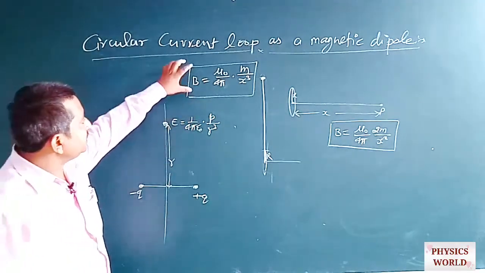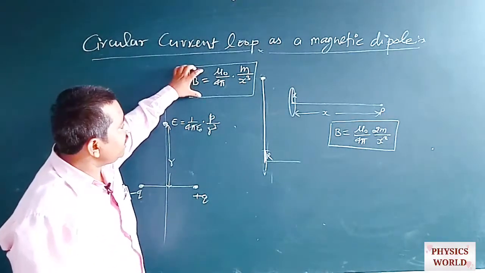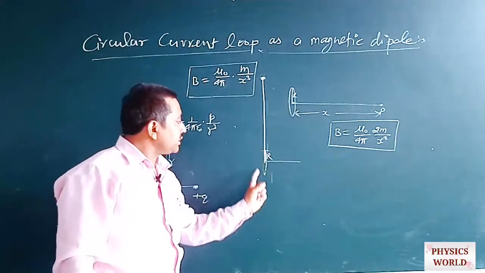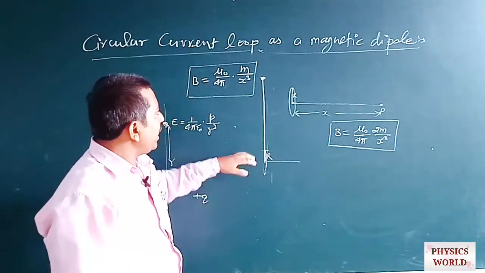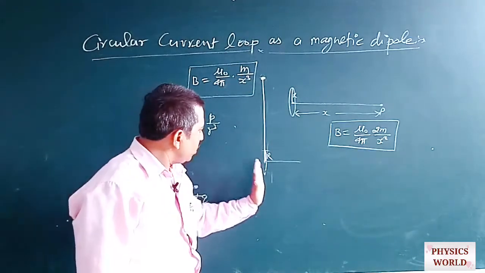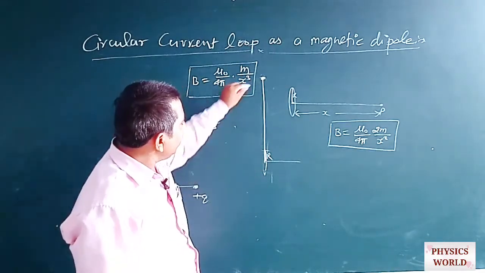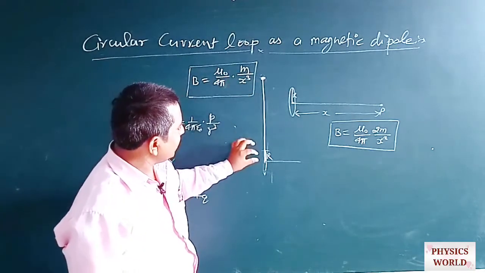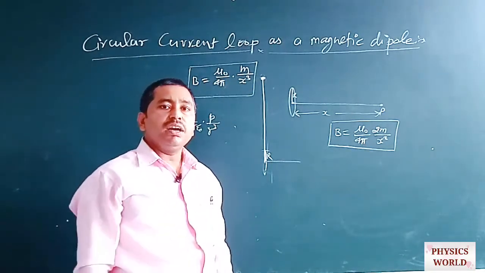Similarly, this amount of the magnetic field will be obtained due to this circular current loop at any point which is lying on the plane of the circular loop and is placed at a very far distance in comparison to the radius of the circular loop.